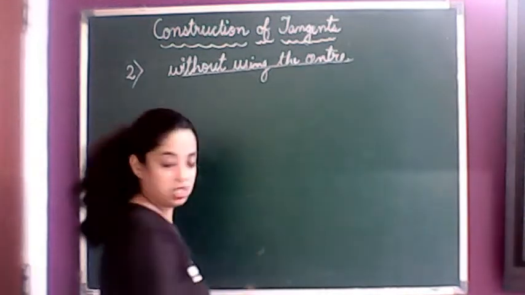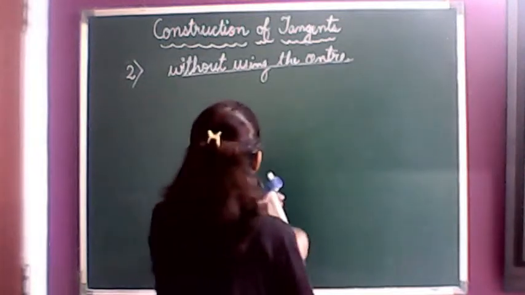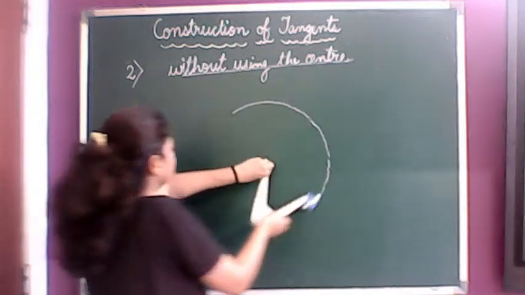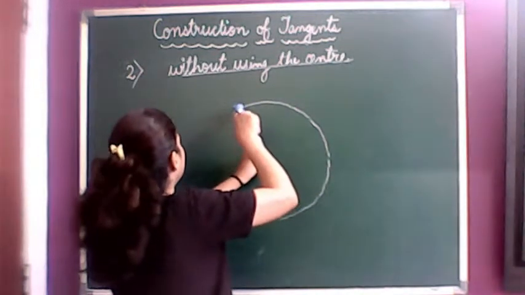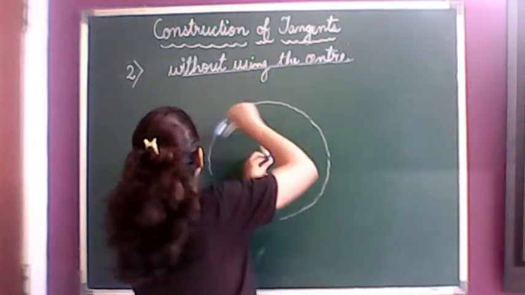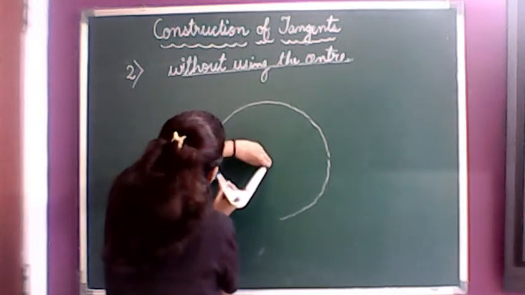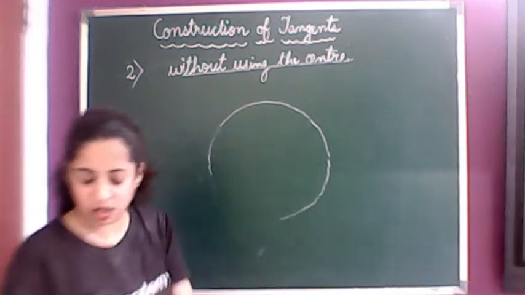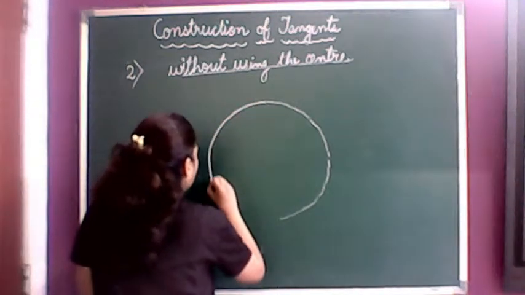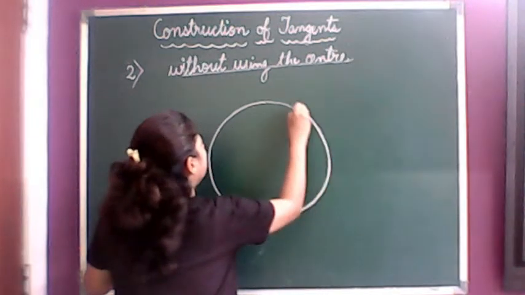So now let's draw a circle again, quickly. So I am drawing a circle. I hope, Neha, you are drawing along with me. So that's my circle here.